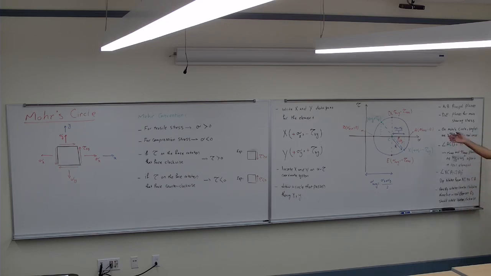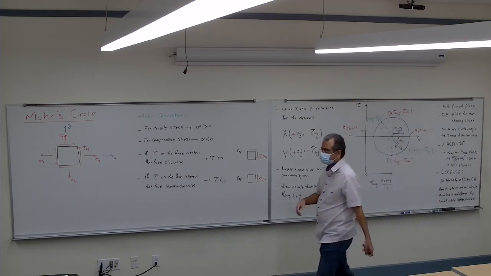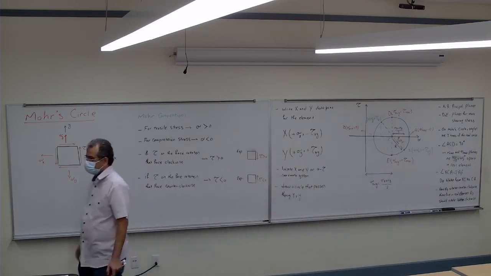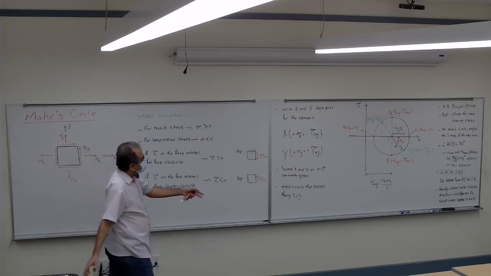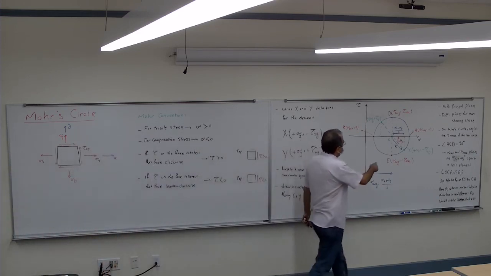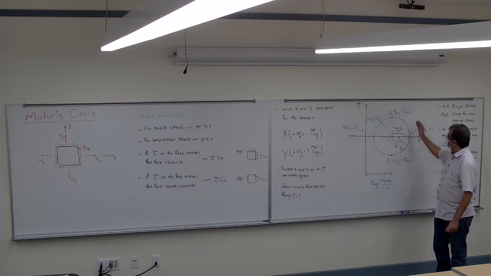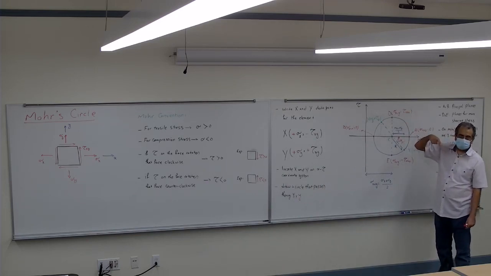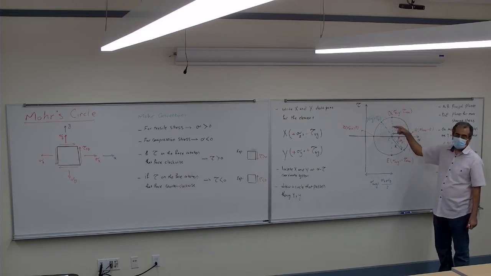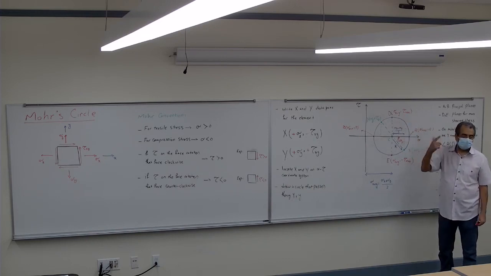However you rotate here, you rotate the same way in the real element. So for example, from A to D, I rotate 90 degrees counterclockwise, so in reality from A to D I have to rotate 45 degrees counterclockwise.